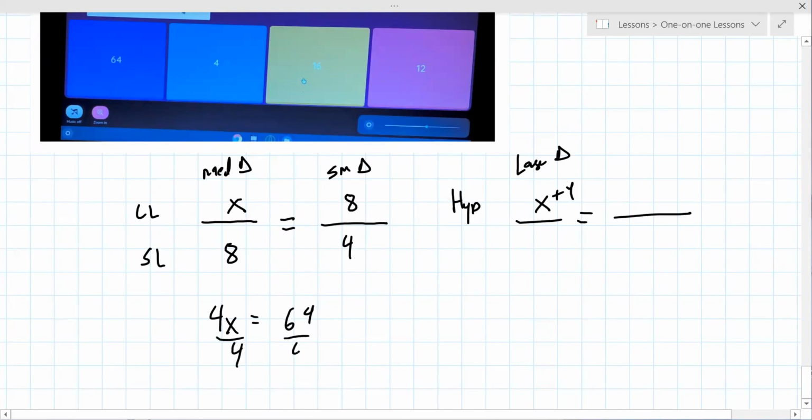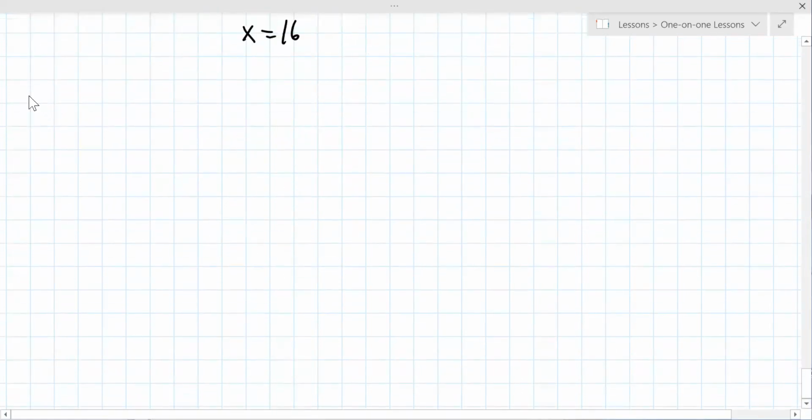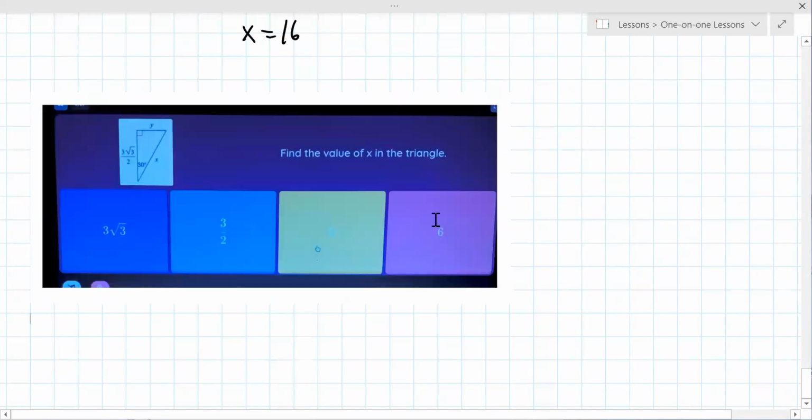Divide by 4, x equals 16. Okay. If you're going to look at these again, I would try to do all the 30, 60, 90 triangles together and then do all the small and medium triangle problems together because they're really separate in how you do them.